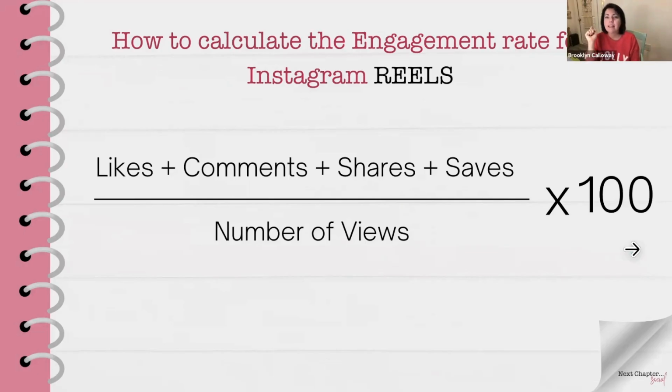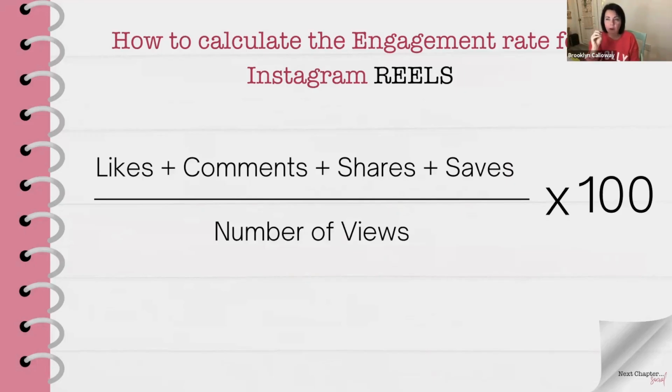Okay. This is the way that some of the more advanced marketers do this to get a more accurate depiction. They take their likes, comments, shares, and saves on a reel, divided by the number of views, and then multiply that by 1,000.